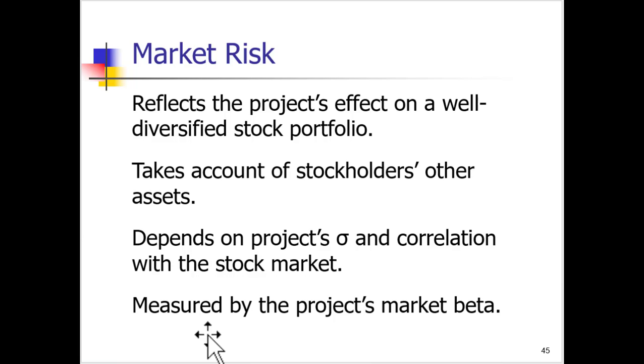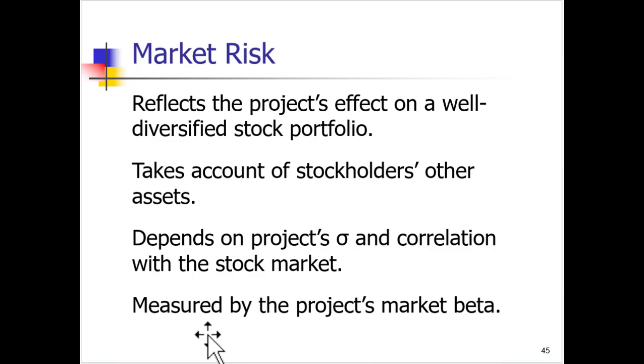Now, market risk reflects the project's effect on a well-diversified stock portfolio. So this now looks at the stockholders' investments. This is going to depend on the project standard deviation and how that relates to the stock market, the correlation with the stock market.